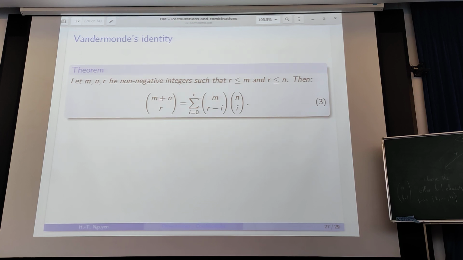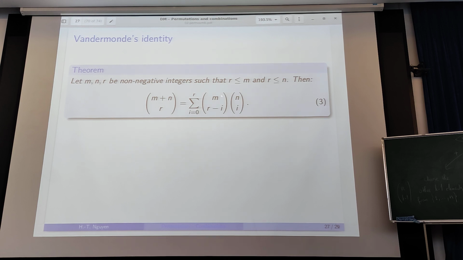So here of course the left hand side is kind of obvious, so it suggests that we count the number of subsets of size r of a set of m plus n elements.